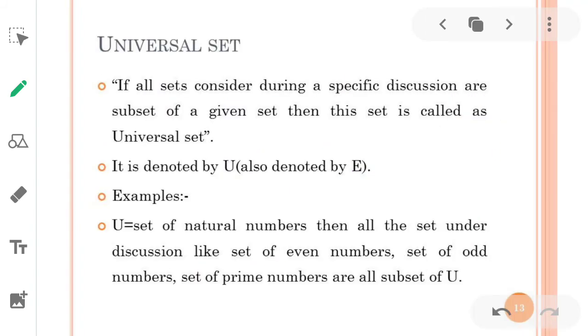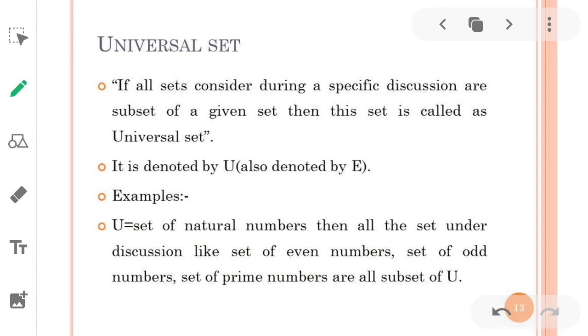Next concept is universal set. If all sets considered during a specific discussion are subsets of a given set, then this set is called universal set. So here, what is the meaning of universal set? Basically, all the sets are subsets of that particular set. It is called universal set.